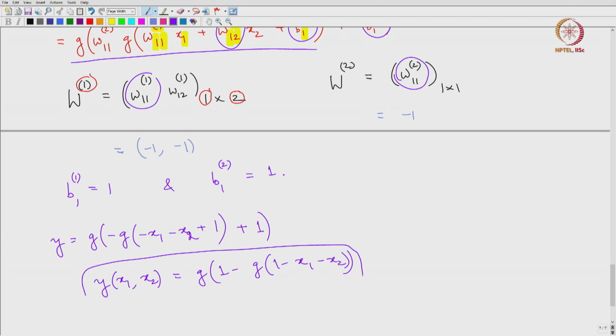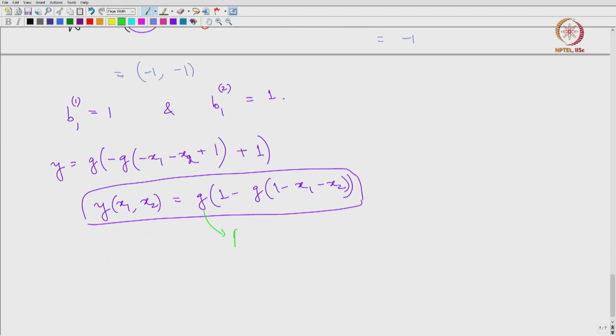And like I said, in this example the g's here are the rectified linear unit, okay.